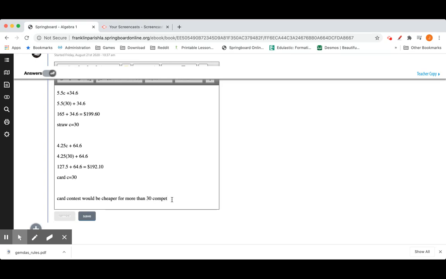They were even at 24, we saw. The card one will just keep being cheaper after that. Before 24, it would be more expensive to do the card contest and cheaper for the straw one. But after 24, the card contest is cheaper.